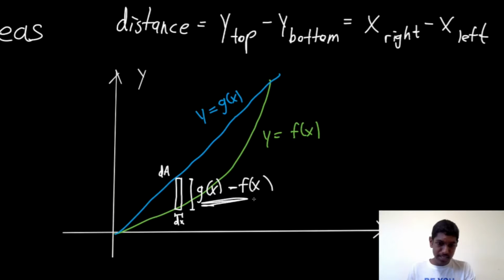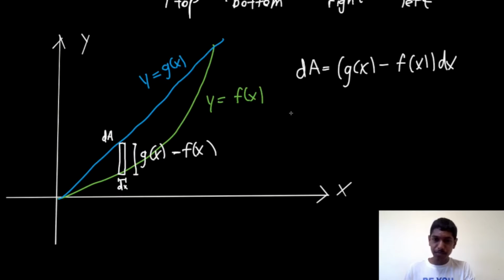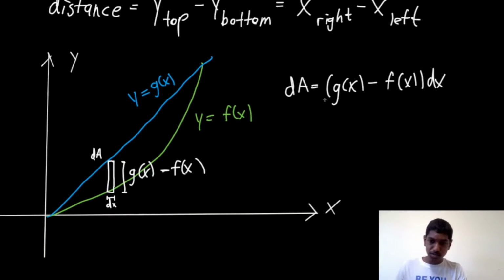So this distance will change as we move along the region. So we write mathematically dA is g of x minus f of x dx. Let's make this dA a little bit neater. And now all that's left to do is to integrate across the entire shape.